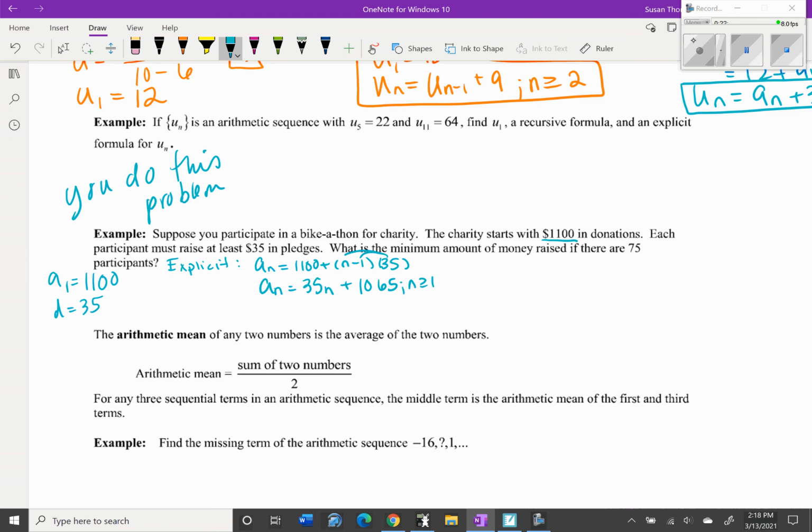So that's my equation. So if we want to figure out, if there's 75 participants, the minimum amount of money raised, then remember that your first term is not a participant.